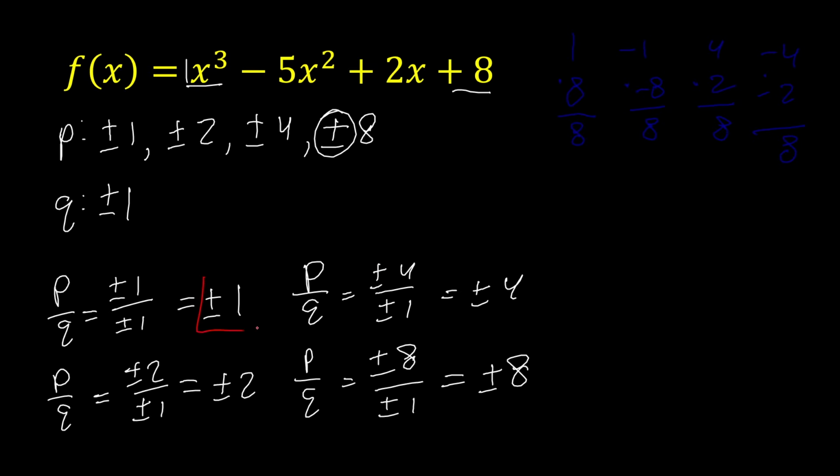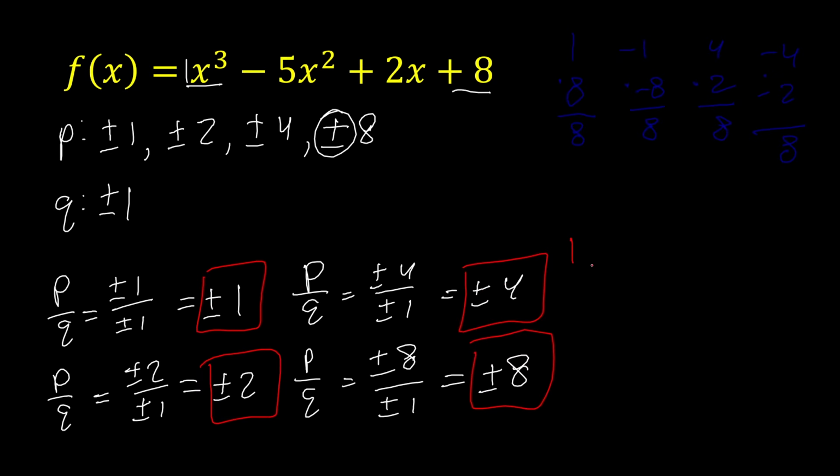Okay, so now we have 8 possible rational roots. Why did I say 8? It's because there's 1, negative 1, positive 2, negative 2, and so forth. So we have 8 possible rational roots.